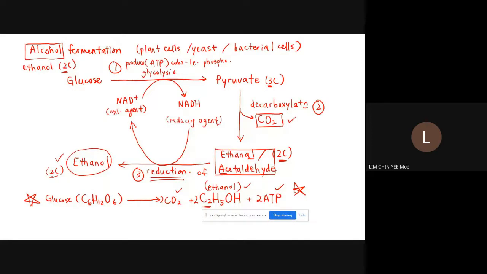Done. So now, the question may ask you, what is the final electron acceptor here? Oxygen. That's aerobic respiration. What about the final electron acceptor for alcohol fermentation? NADH ialah reducing agent.